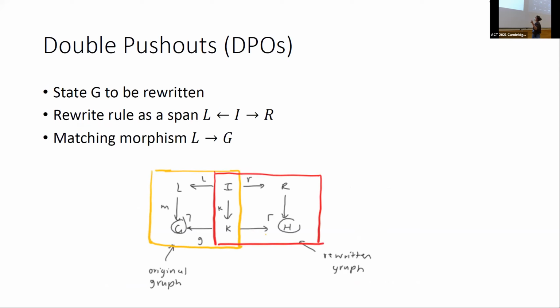It says we have this piece L of our total Ising model which we want to replace with R. In the yellow push-out, you're gluing L and K together along I to get G, whereas in the red one, you're gluing K and R together along I to get H. So the idea is that you rewrite G to get H.